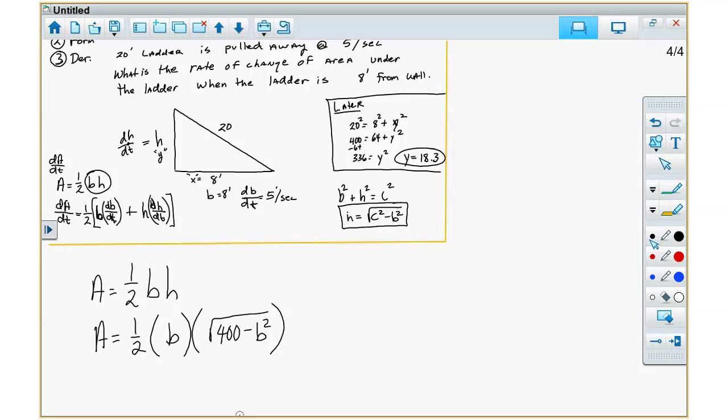And take the derivative of what's left. A is equal to 1/2, I'm going to put the 1/2 out front. Take the derivative of that. Of course, you're going to change it to the 1/2 power. So that's going to be b times 400 minus b squared to the 1/2 power. Now you're going to have to take it in, remember, dB/dt.